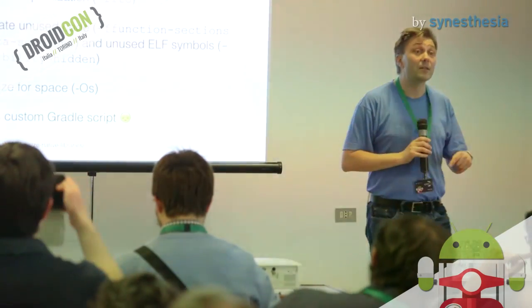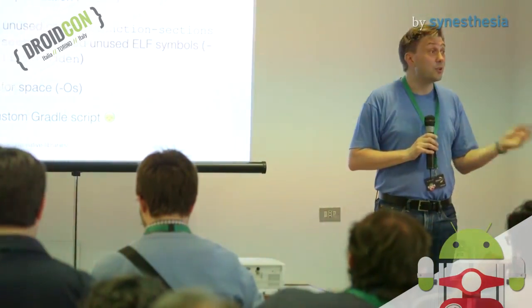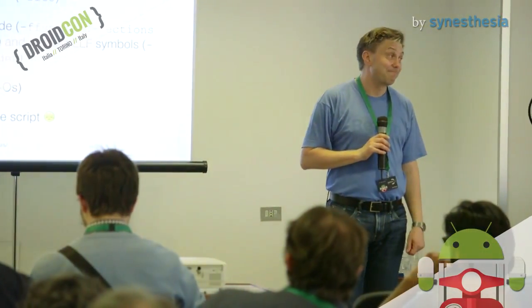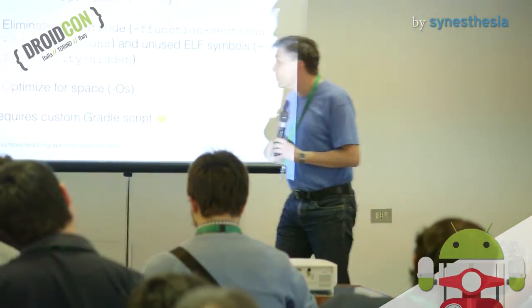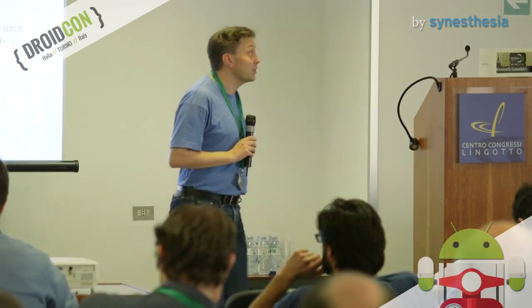And if you want to do that, you have to write your own Gradle scripts, basically. The good thing is that you can find a recipe. I linked to a recipe that we used to reduce the size, was it 80%? We could reduce the size of our library, which was nice, by using these tricks.